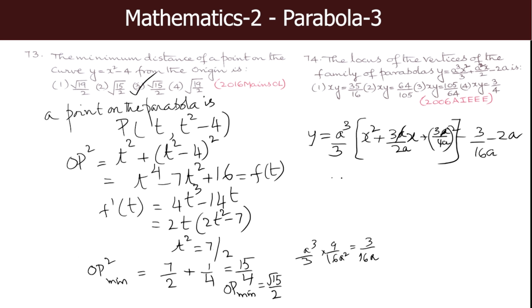Or this is a cubed by 3 into x plus 3 by 4a whole square, minus 3a by 16 minus 2a. A cubed by a square is a.